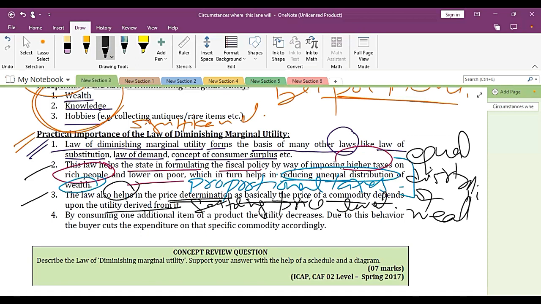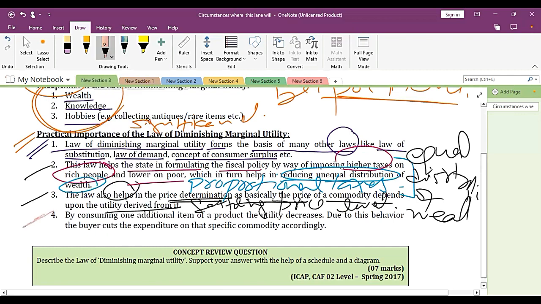We can determine the price. Higher prices will be charged for products that have more utility, compared to goods that have lower utility in their consumption.